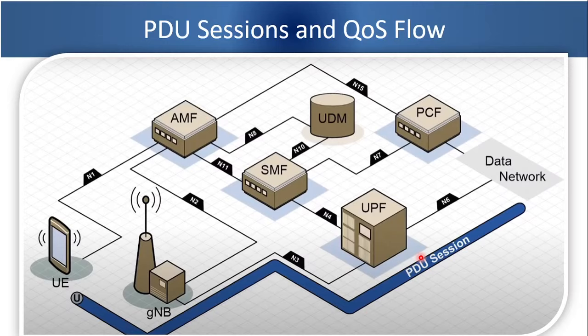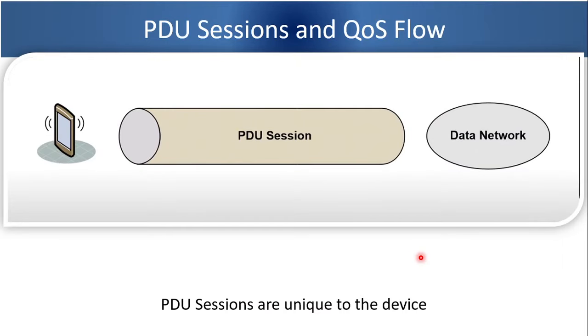So now let's see this. For every UE, whenever it wants to communicate or use a data service, a PDU session is created for that particular UE, and onto that PDU session it gets connected to the data network. So the PDU sessions are unique to a particular device, and a PDU session is nothing but a series of connections from UE to gNodeB to UPF to the data network.